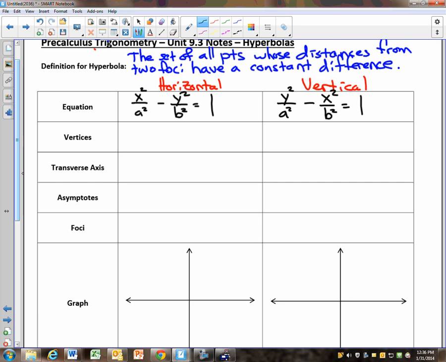Vertices. In this case, it will be plus or minus a, 0. In this case, it will be 0, plus or minus a.